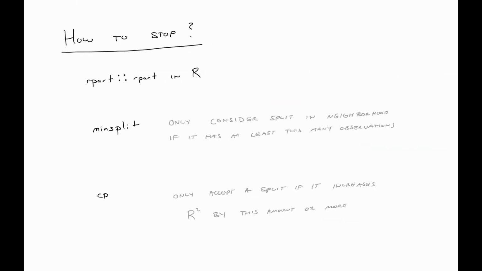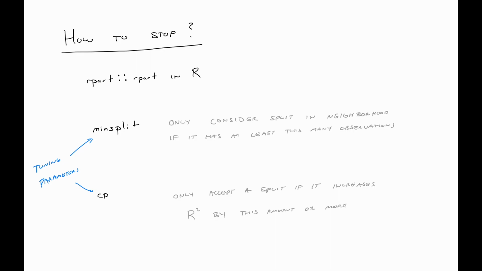We're going to use this rpart function from the rpart package in R when we fit these decision tree models. It has a bunch of tuning parameters, but I just want to talk about two because they're going to be the ones that we consider.